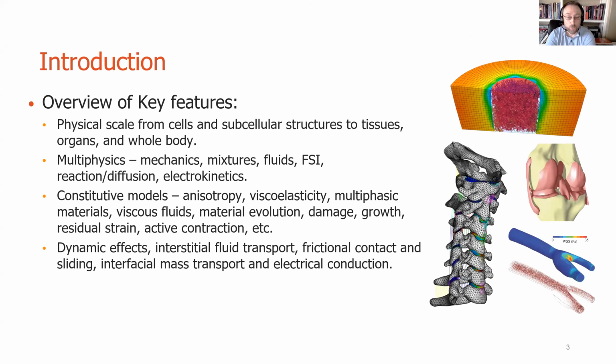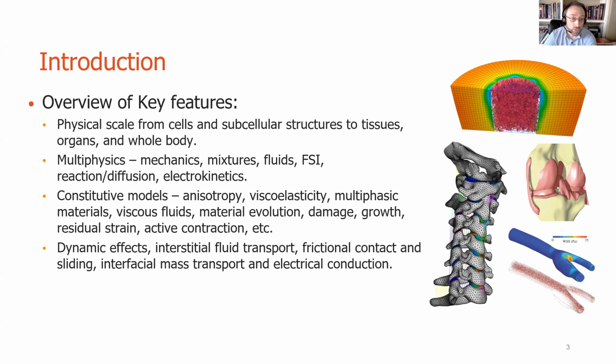When we started, we focused mostly on mechanics, quasi-static mechanical analysis, but over the years, we've added a lot of features to FEBio, more than we can probably cover in this workshop. So this is just to give you an idea of the key features of FEBio.